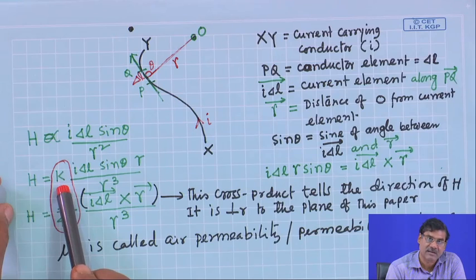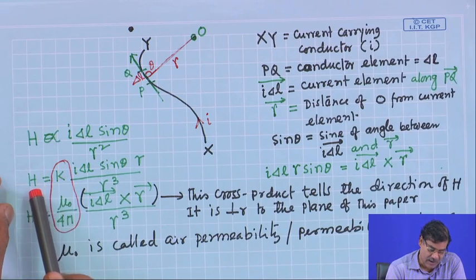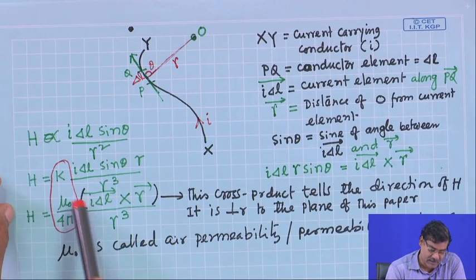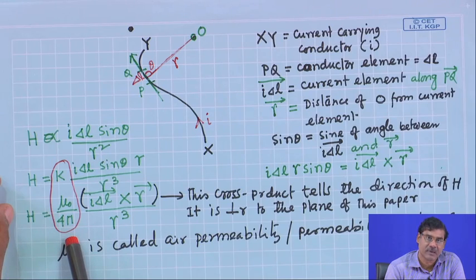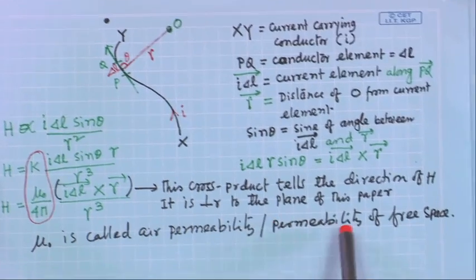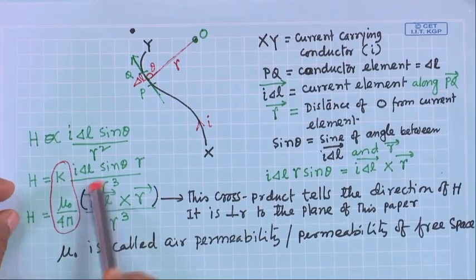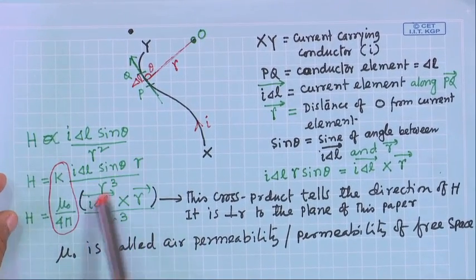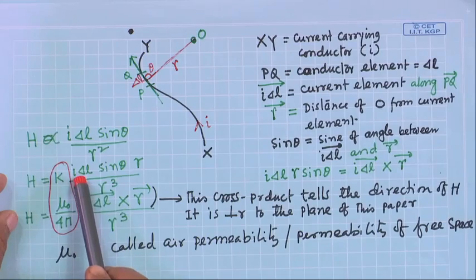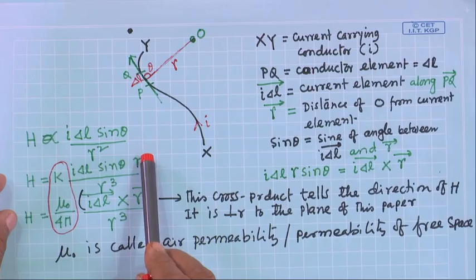So, with proportionality constant say k, we can write H equal to, basically this proportionality constant k is mu 0 by 4 pi. So, mu 0 is called the permeability of air or permeability of free space. Okay. So, this one we can write by multiplying with r and dividing by r. So, it is r cube, and this is r.